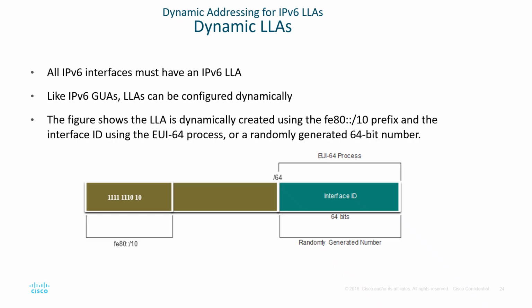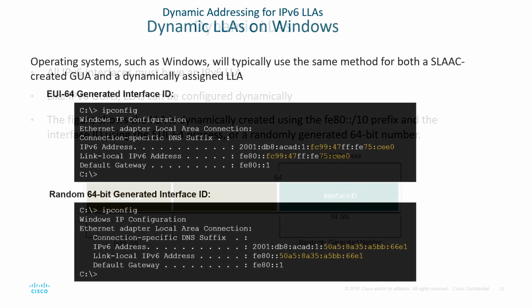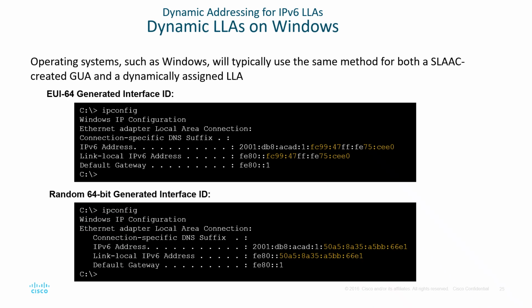This figure shows the LLA is dynamically using the FE80 with the prefix of 10 and the interface ID using the EUI-64 process or a randomly generated 64-bit number. So operating systems such as Windows will typically use the same method for both a SLAAC-created GUA and a dynamically assigned GUA.